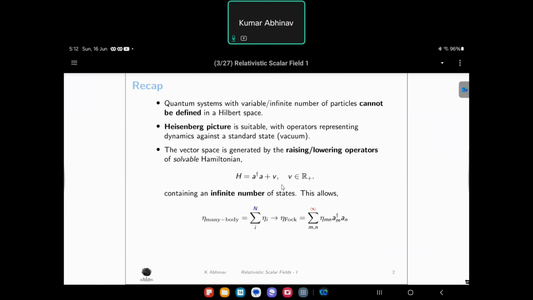It can be either positive or 0. And such a structure, the A dagger A kind of structure, assures that this system is solvable, as we know from the elementary treatment of the harmonic oscillator.